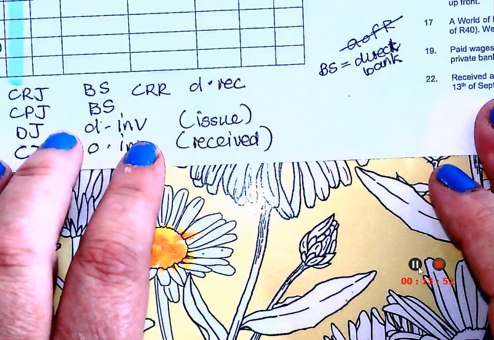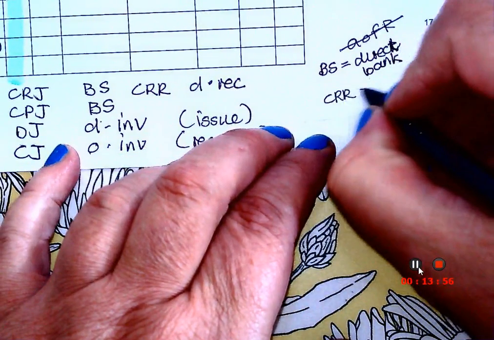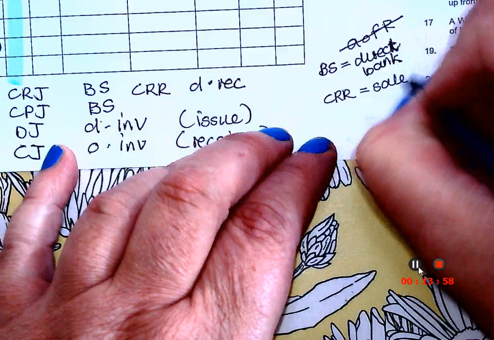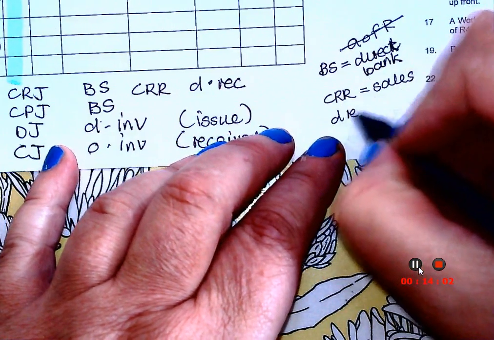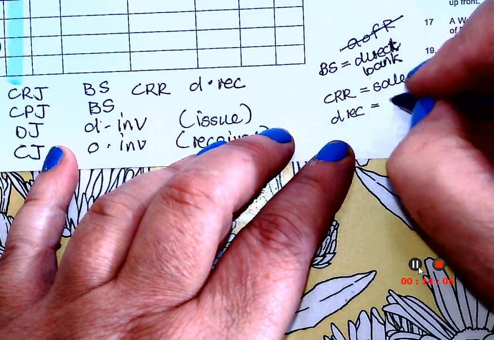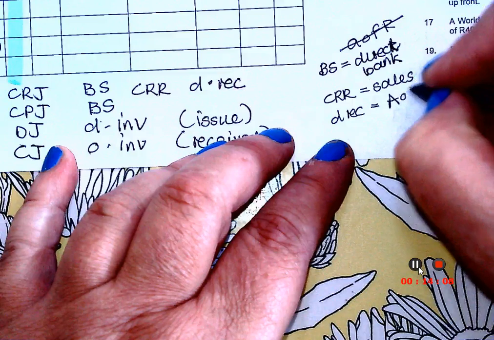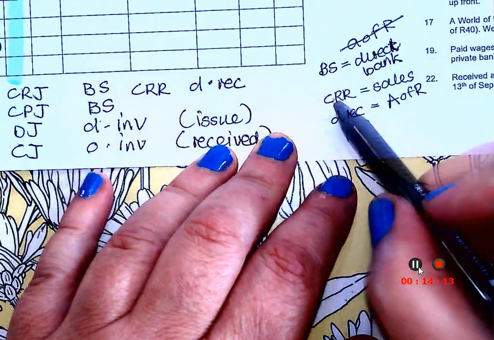The CRR goes with my sales in the CRJ. The duplicate receipt is for when I use analysis of receipts, and it's not a CRR.